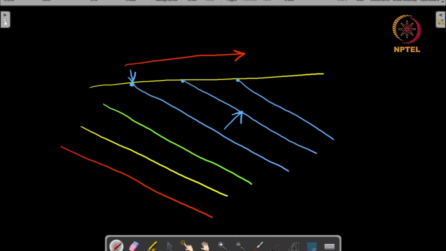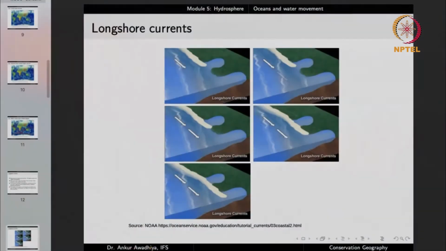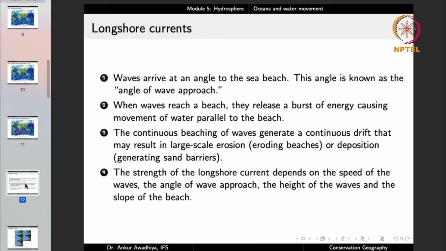You'll have energy release first here, then here, and so on. So at all of these points, we are getting a release of energy in this direction. And when that happens, water starts to move, and water will follow the shape of the beach. The water will be moving parallel to the beach. So in this case, when the waves are hitting at an angle, we get a movement of water that is like this. So you get a continuous movement of water parallel to the beach, and this is the longshore current.